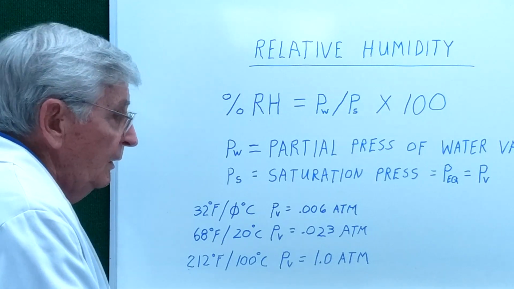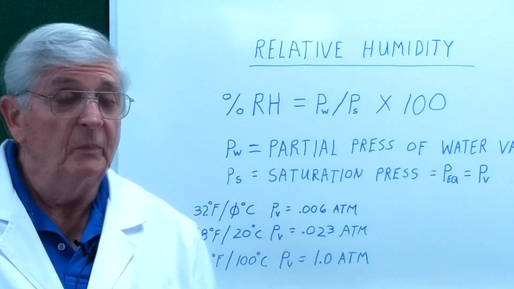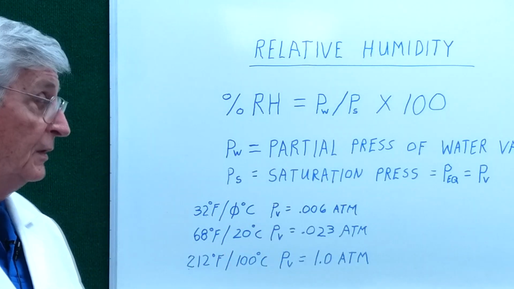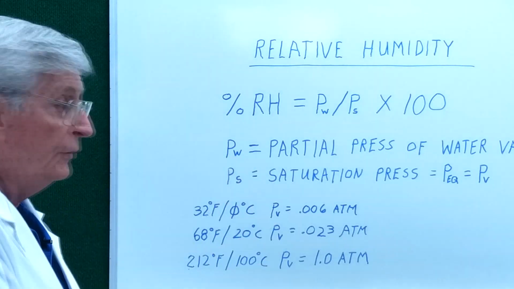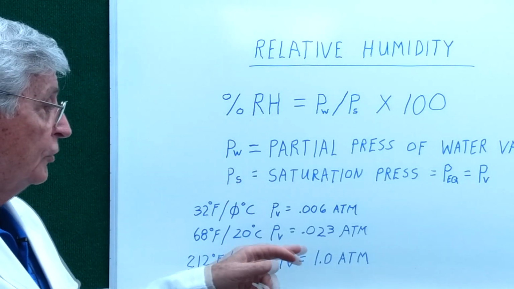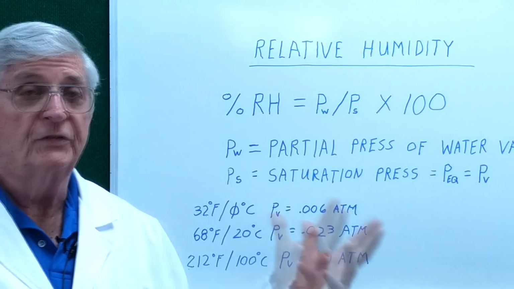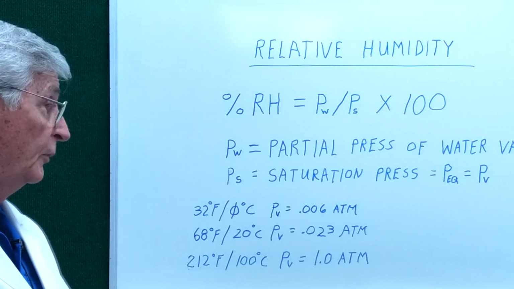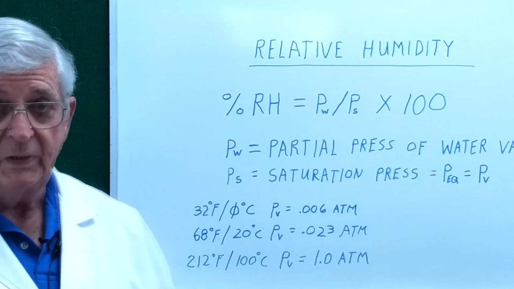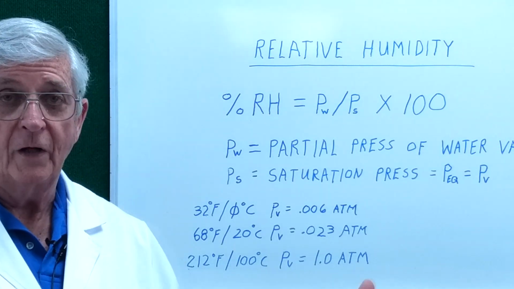So if we were in this room and it was 100% humidity, 100% RH, 2.3% of the molecules in the air would be water vapor, assuming we had a source of water.